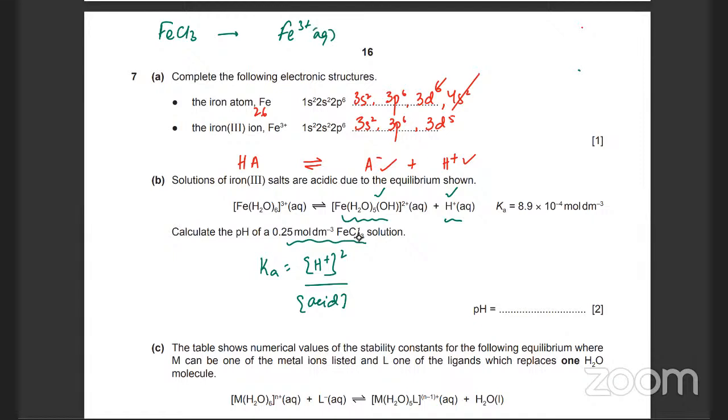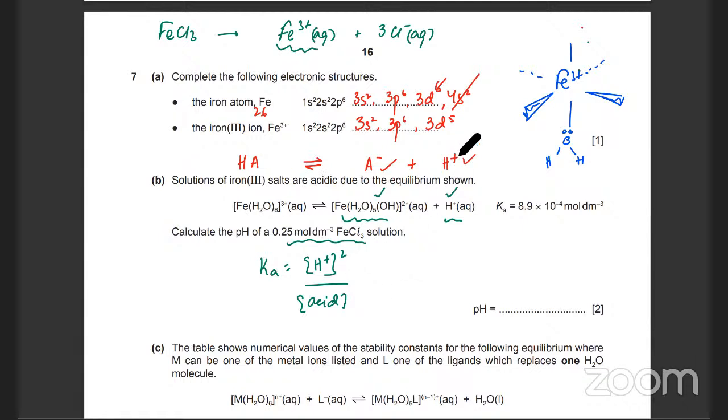It forms Fe3 plus aqueous and 3Cl minus aqueous ions. The Fe3 plus is going to mix with water molecules and form a complex, with Fe3 plus surrounded by 6 water molecules. The lone pairs of those 6 water molecules are attracted very strongly to the Fe3 plus, and you get a complex ion, which is Fe with 6 water molecules.